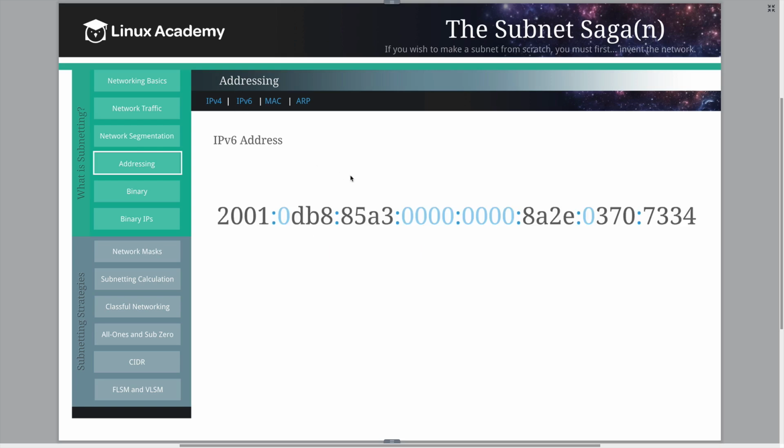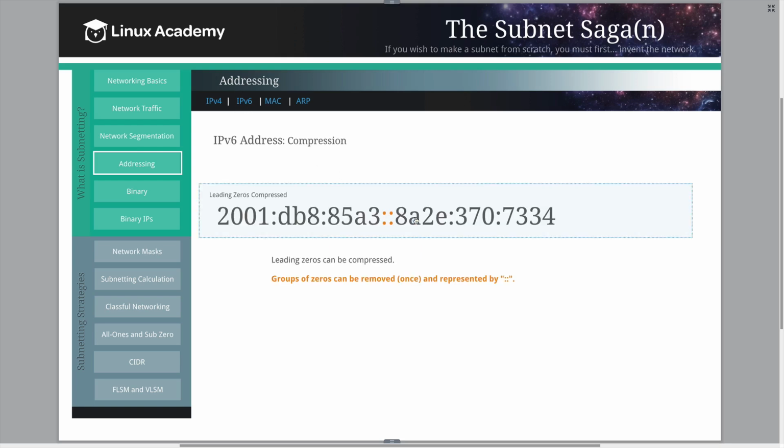And it's the same with IPv6. We can actually compress these leading zeros. And if you have sections of leading zeros, those can all be compressed down and denoted by a double colon. So still not easy to remember, but a little less to write.